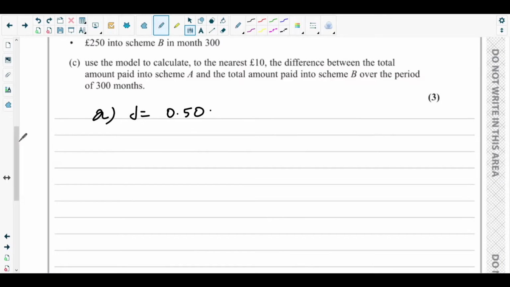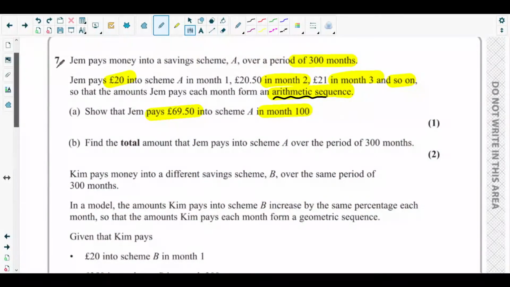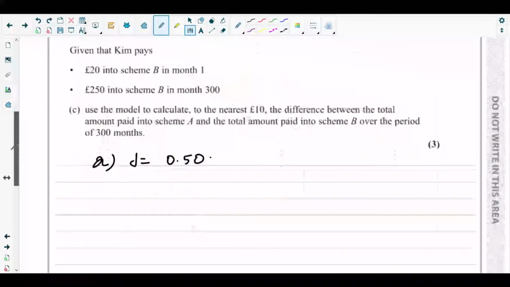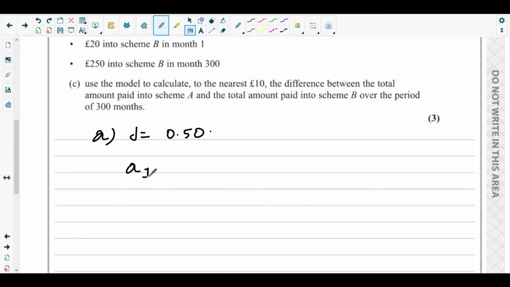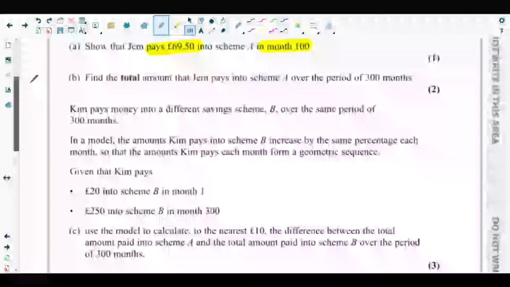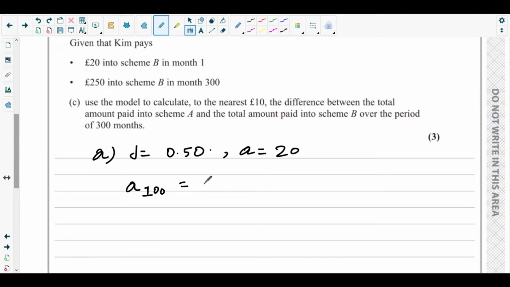The amount paid in the 100th month will be the 100th term of this sequence, since the first month is the first term, the second month is the second term, and so on. So a100 equals a plus n minus 1 times d. The first term a is 20, and n minus 1 is 100 minus 1, which is 99, times d, which is half.